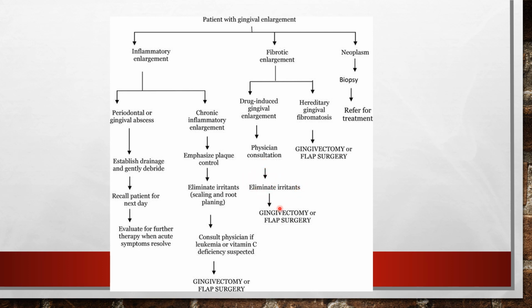Even after scaling and root planing and substitution of the causative drug, they can go for gingivectomy or flap surgery if needed. For hereditary gingival fibromatosis, because of the increased fibromatous content, they can go straight away for gingivectomy and flap surgery for aesthetic purposes.